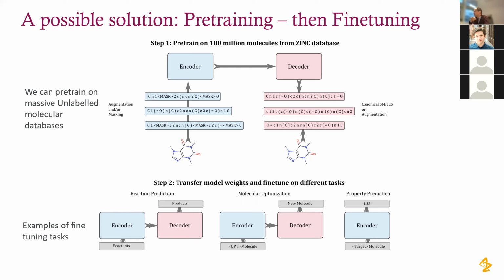We figured out how we can do the masking. And we also thought maybe these augmentation tasks that we have previously used for autoencoders could also be a good pre-training task, forcing the model to learn something about the molecular graph. So that way we actually have two ways. We combine the natural language inspired masking tasks that have been very popular there with a more chemically aware SMILES data augmentation task.